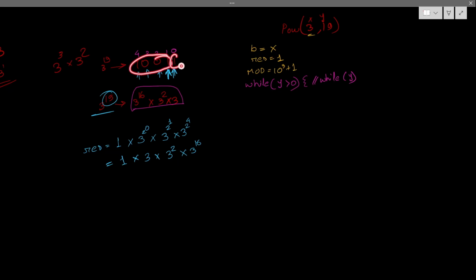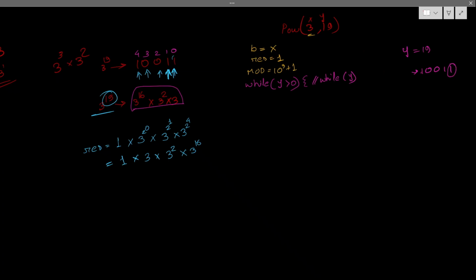I only care about the last one, correct? So y is nothing but 19, and we know it is 10011. I am not converting into binary, okay, but it is the actual case. This is the actual binary representation of 19, correct? We will check whether my last bit is set or not.